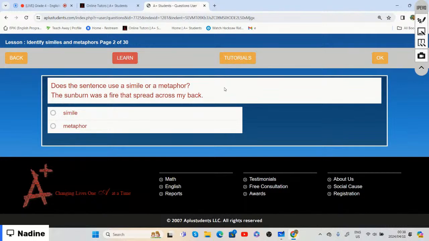So if we look at the first one, we can say metaphor is the answer. Now we're going on to the next one, which asks, does the sentence use a simile or a metaphor?